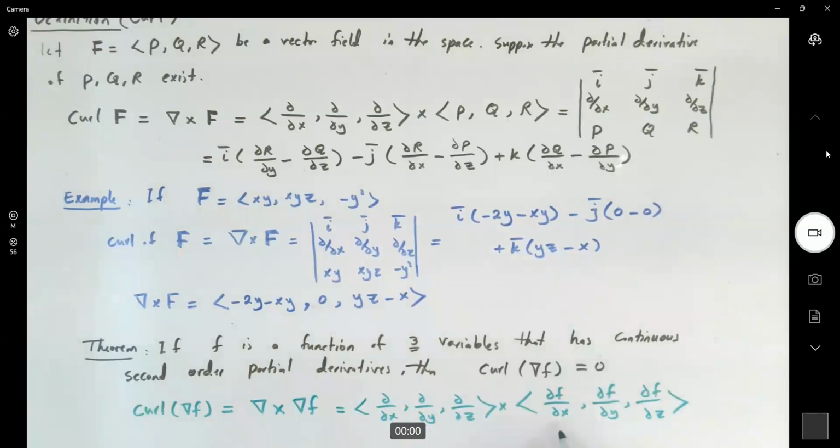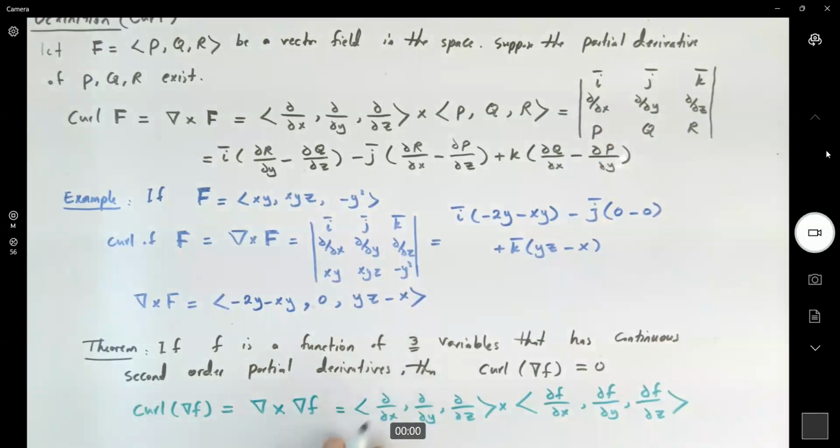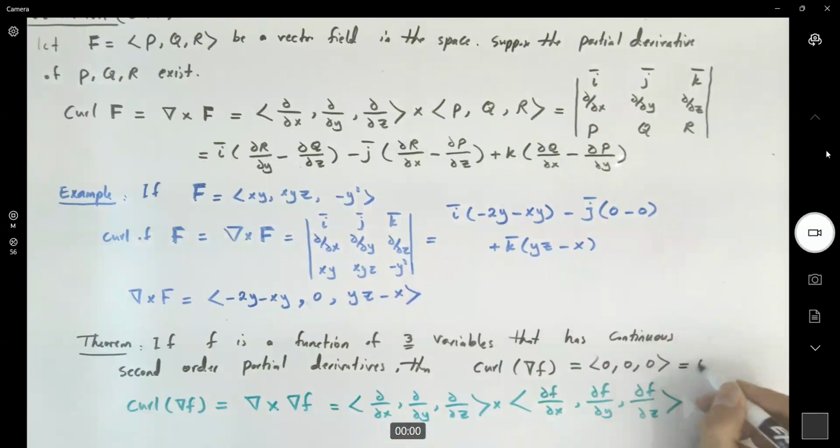It's not very difficult to see when you're forming your determinant that all components are equal to 0. And this 0 is a vector 0. It is equal to 0, 0, 0, or 0 bar or bolded 0. These are representing the vector 0.